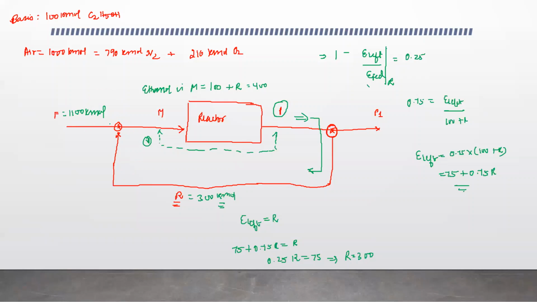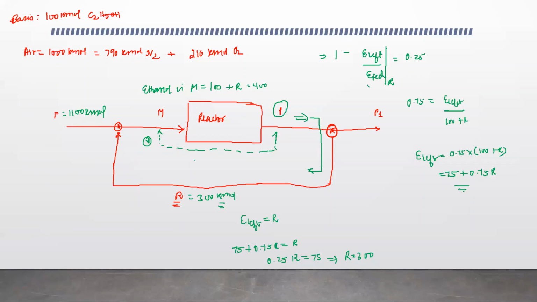Then we have this mixed feed. Since they have given that all the unreacted ethanol has come back, if you have R as the recycle, R is basically all the unreacted ethanol. So ethanol in F plus R gives you ethanol in mixed feed.